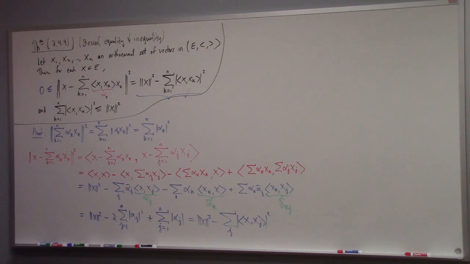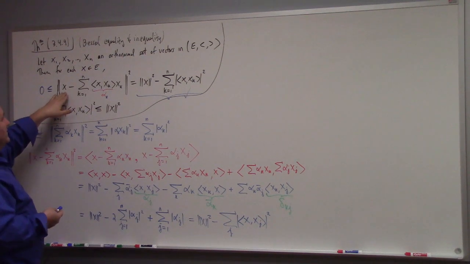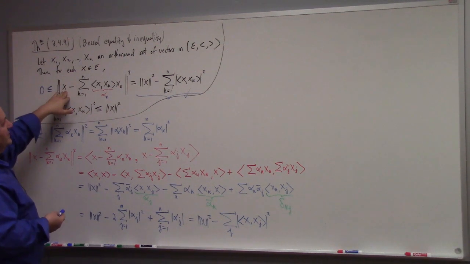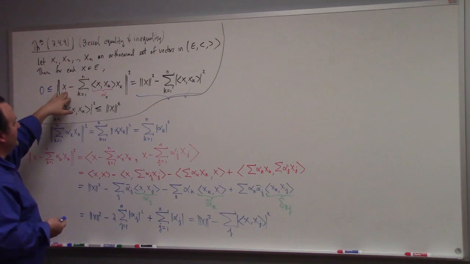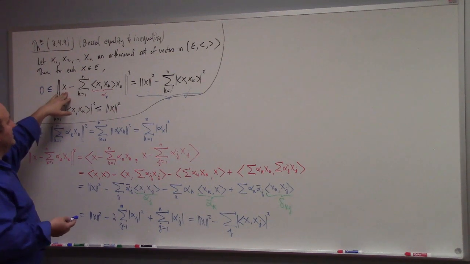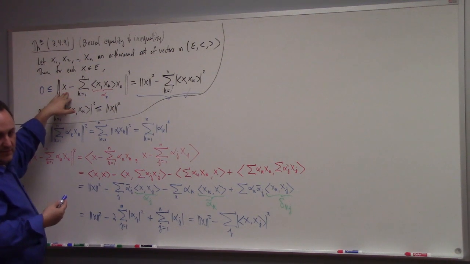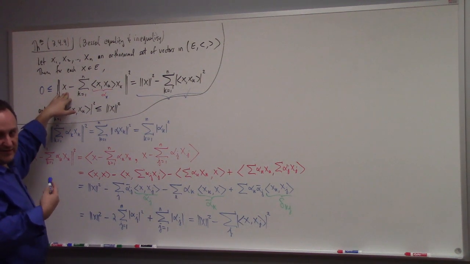And I'm seeing the Gram-Schmidt process in part in play here, because this is exactly what you do. If you're trying to orthonormalize, if you have x which is outside of the span of x1 through xn, right? And you want to orthonormalize it with respect to the given orthonormal set.